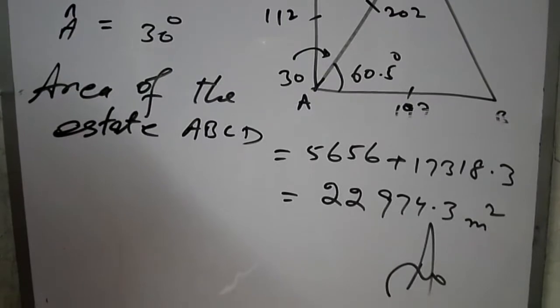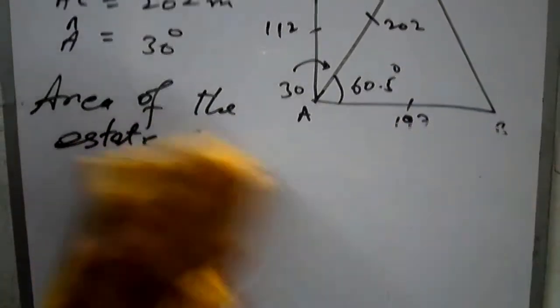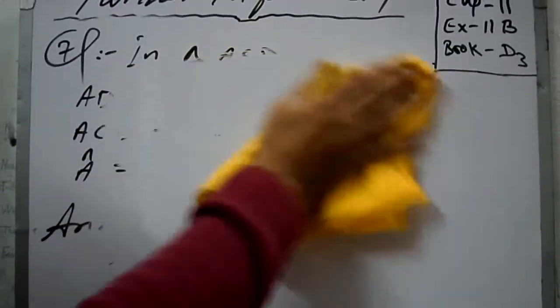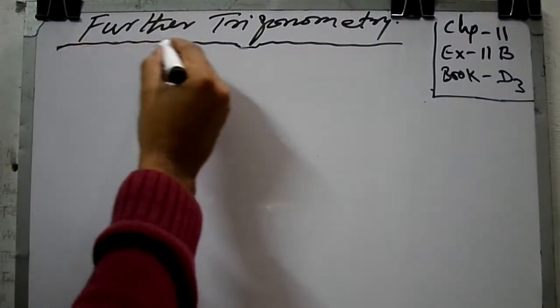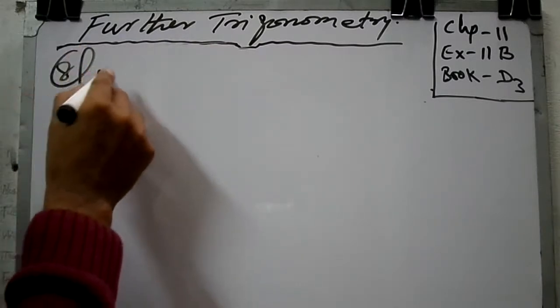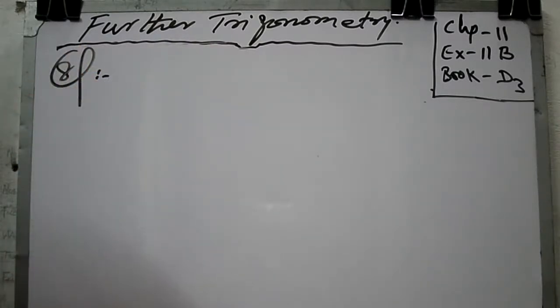Now coming to question number 8. In question number 8, the figure AB is equal to 20, angle BAC is equal to 90, ACB is equal to 30, and AD is perpendicular to BC. Find BAD in B part, BD in C part, the area of the triangle ABC.